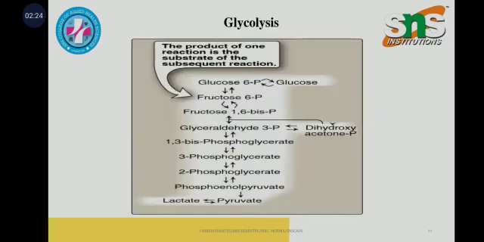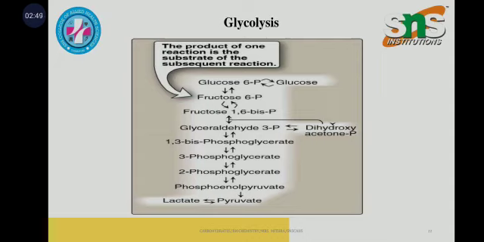This is the overall structure, where glucose 6-phosphate is obtained from glucose, and glucose 6-phosphate is converted into fructose 6-phosphate, and fructose 6-phosphate is converted into fructose 1,6-bisphosphate. There occur two major divisions: glyceraldehyde 3-phosphate and dihydroxyacetone phosphate.